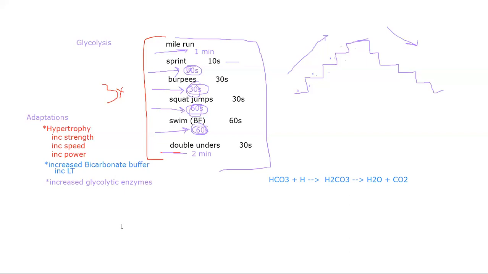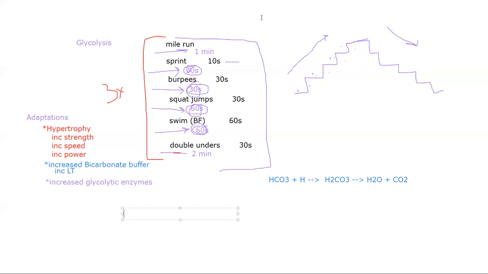Hexokinase. We could include glycogen phosphorylase. How about between pyruvate and lactic acid? Lactate dehydrogenase. So this type of training will give you more of those enzymes, which is going to make this process more efficient, meaning you're going to be able to produce ATP faster.